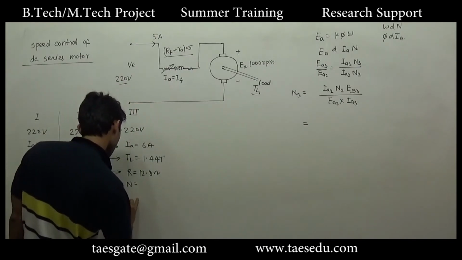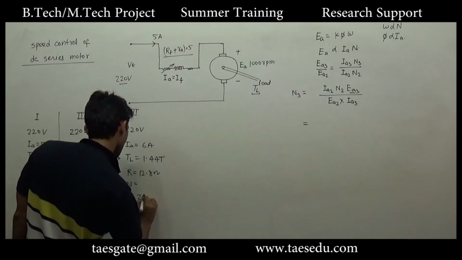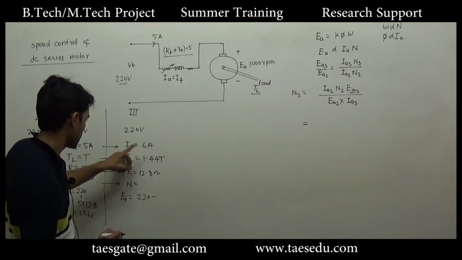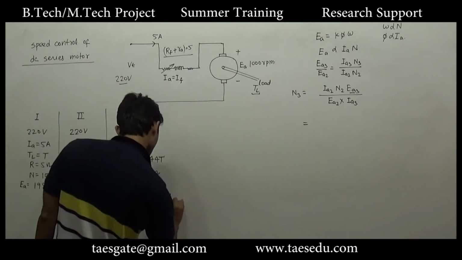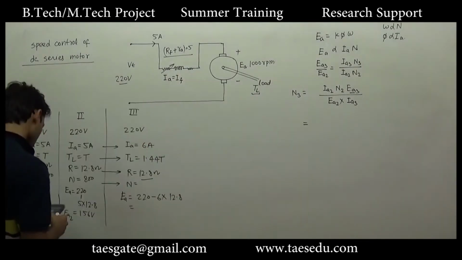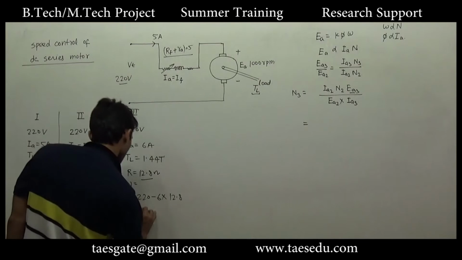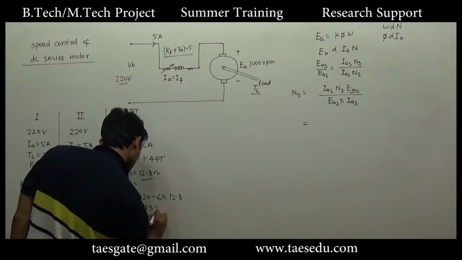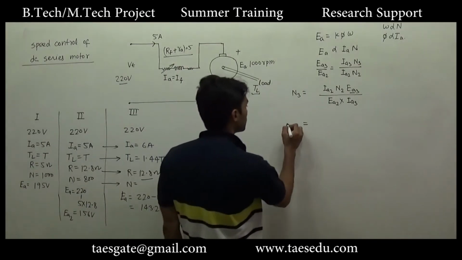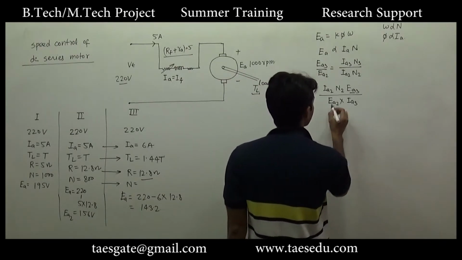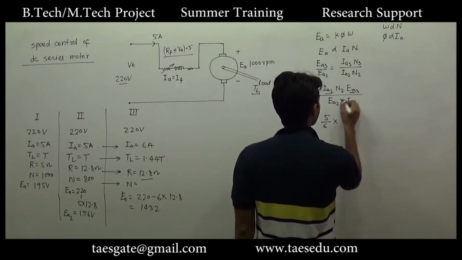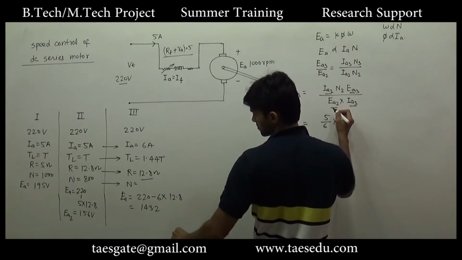EA will be V minus IA RA. IA is 6 and resistance is 12.8. This is 143.2. So N3 will be IA2 by IA3 means 5 by 6, EA3 divided by EA2.